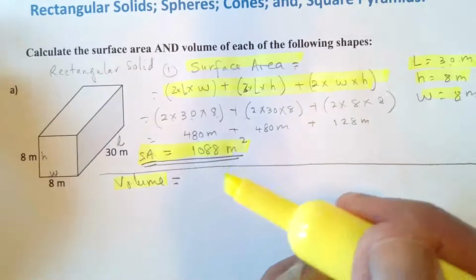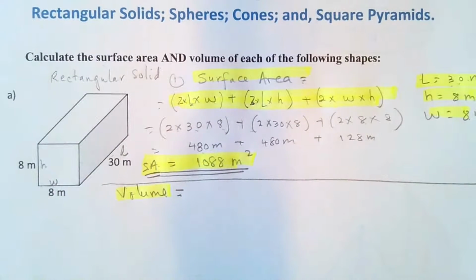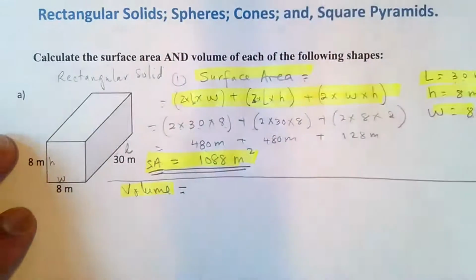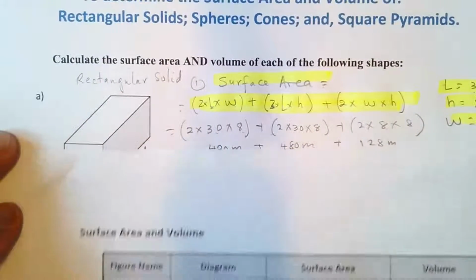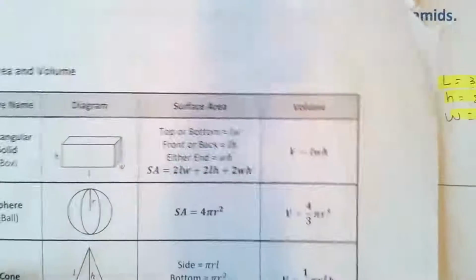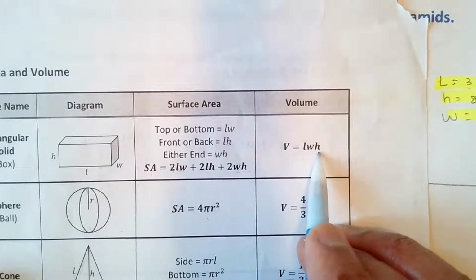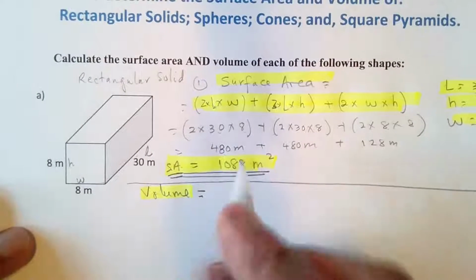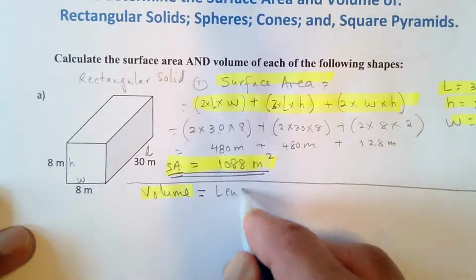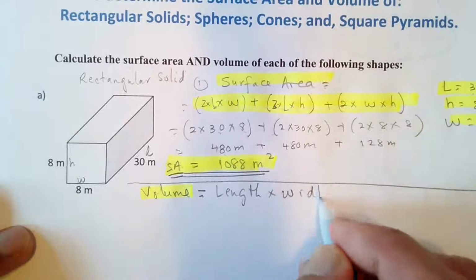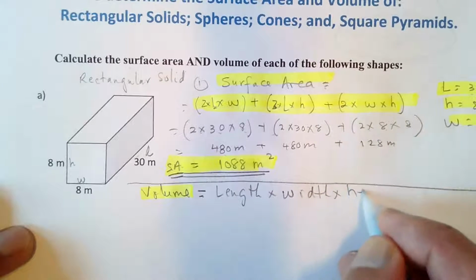Now I'm going to find the volume. Step 1, I go to my formula sheet. From your formula sheet, you'll find the volume is length times the width multiplied by the height.